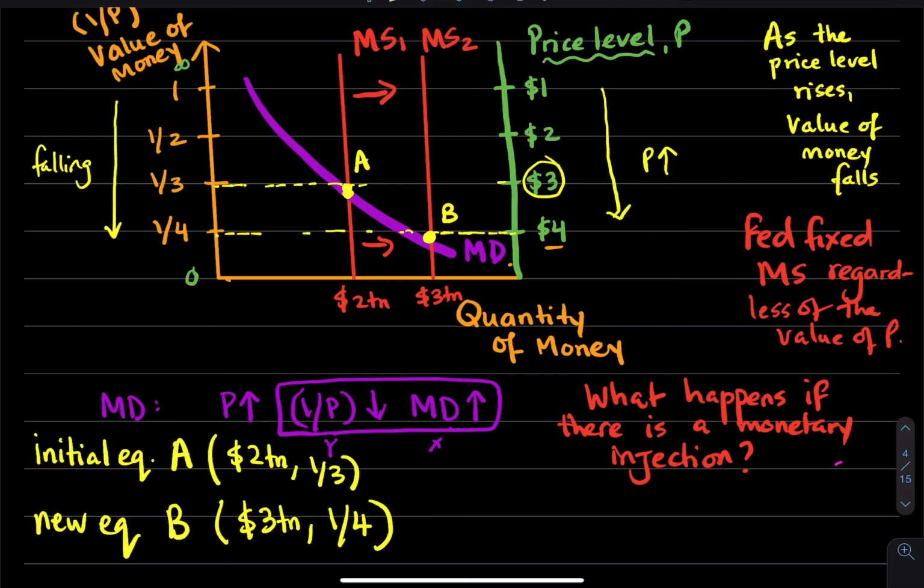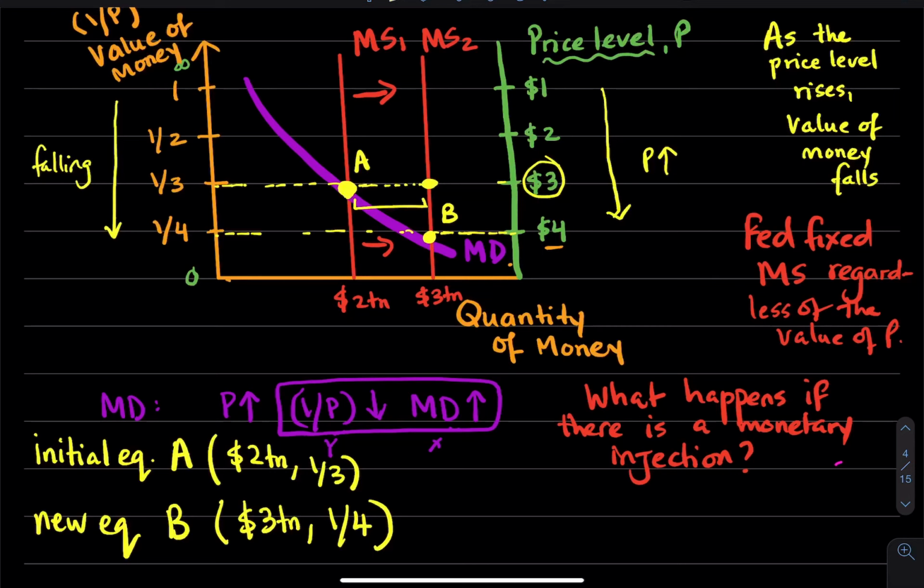If we remained at $3, at this point we are at that new money supply curve. So money supply is greater than money demand. There is a difference here, and this difference is that excess money supply.